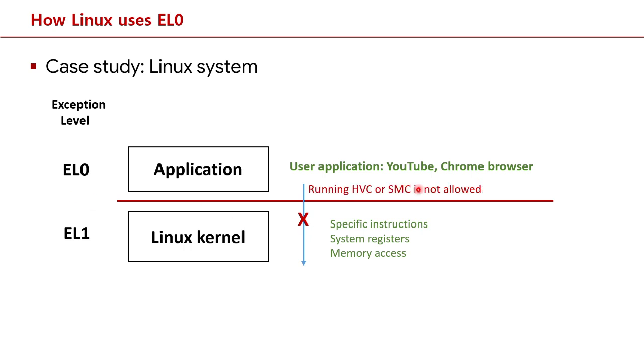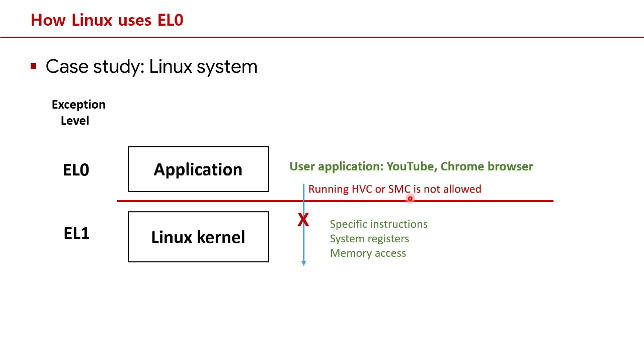Now here are two examples of assembly instructions that are not allowed to run at exception level 0. This is the HVC assembly instruction, and this is the SMC assembly instruction. These assembly instructions need at least privilege level 1. Running the HVC and SMC instructions is not allowed.